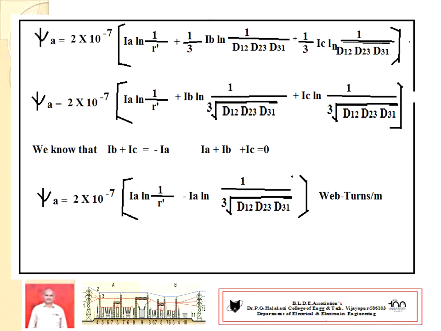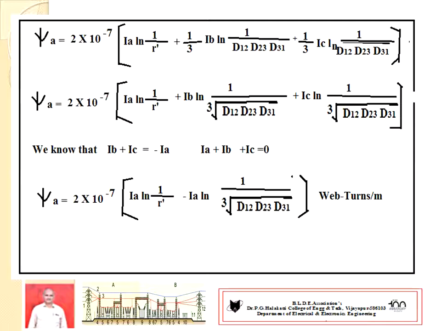So, Psi A equals 2 into 10 to the power of minus 7 [Ia ln 1 by r dash plus 1 by 3 Ib ln of 1 divided by D12 D23 D31 plus 1 by 3 again Ic ln of 1 divided by D12 D23 D31].